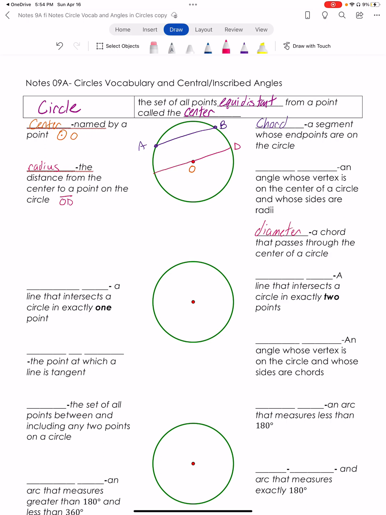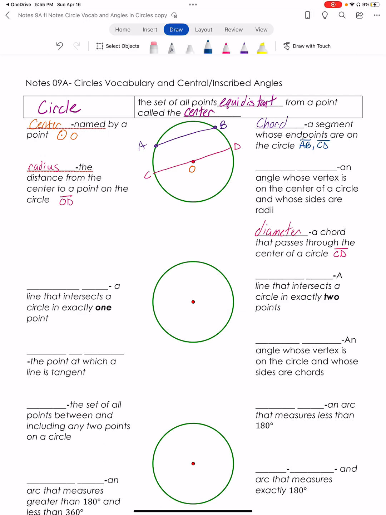So diameter is a special type of chord. We're going to call that CD is diameter. So as far as this drawing goes, AB is a chord, but also CD is a chord. Diameter is the longest chord. Okay, so I did this in a little bit of a funky order.